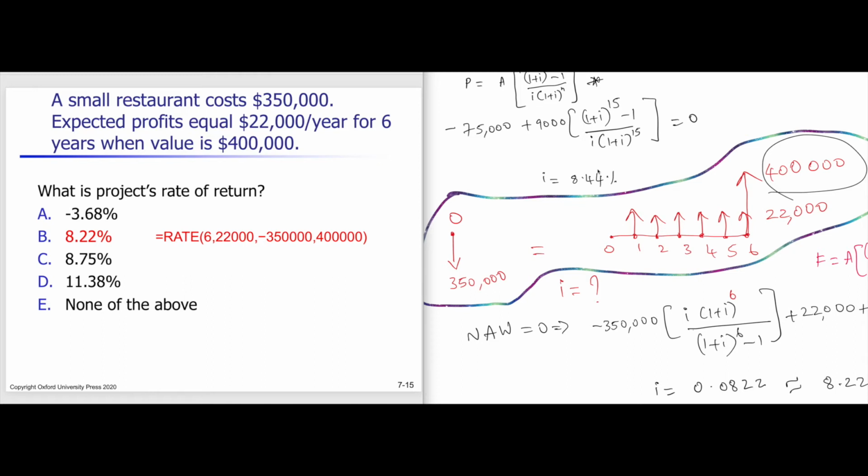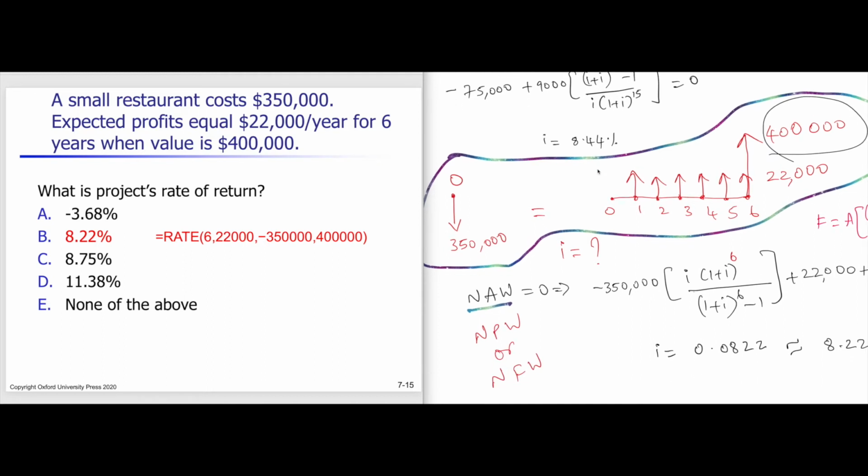Next, you should be able to apply the cash flow to either net annual worth or net present worth or net future worth. Anything, any one of them, they have to be equal to 0, and then you solve the problem. That's the approach.